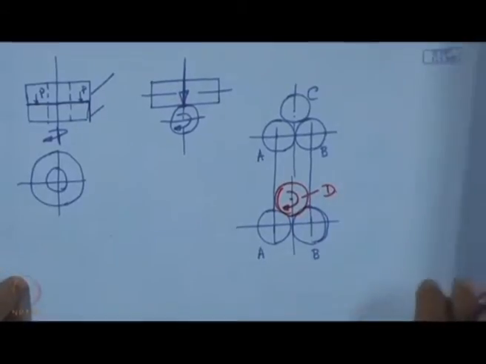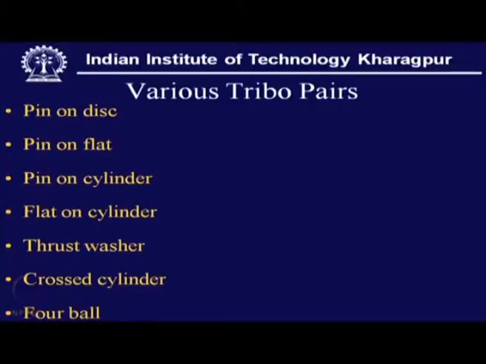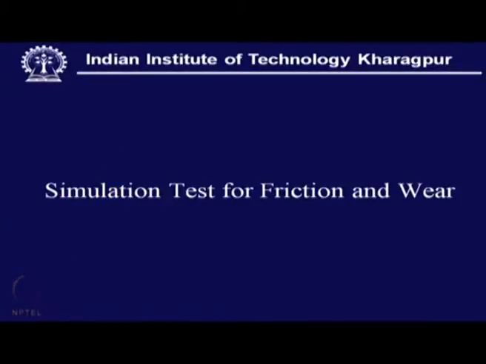Actually, this is going to be a simulation test simulating the actual situation prevailing in the actual engineering system, and for selection of the material for making those components of the actual system, we have to carry out a simulation tribological test.